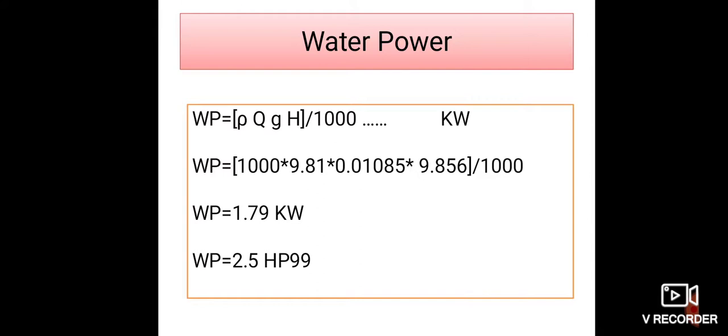But in a pump, the shaft power, or motor power, is our input, and water power is our output.